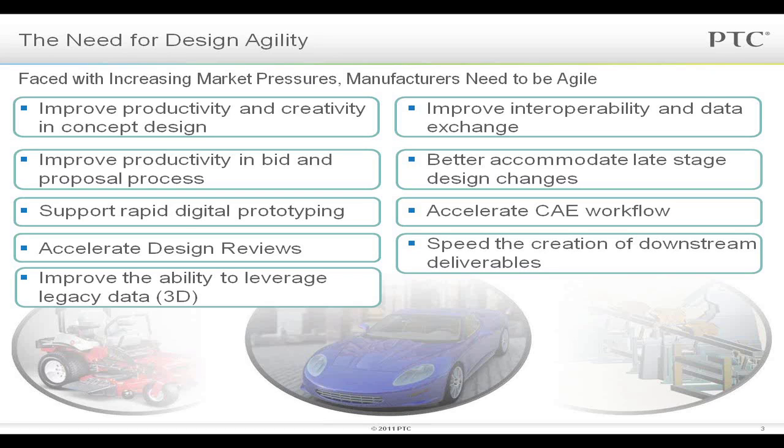So if I can do that very quickly and easily, then surely my productivity will increase, and my creativity will also increase. We also often need to generate geometry very quickly in the bid and proposal world. I don't want to be investing a lot of time and intelligence in generating a new concept when I may not even win the work.